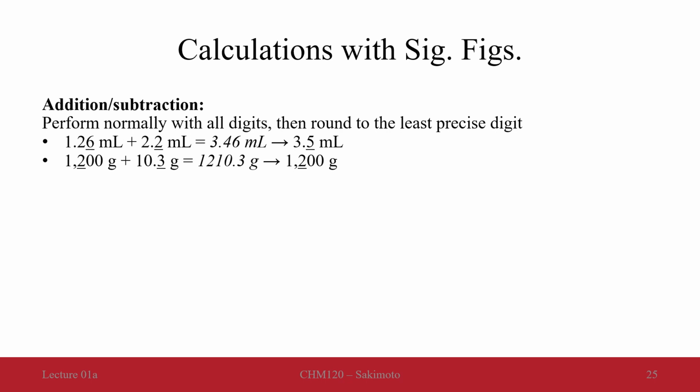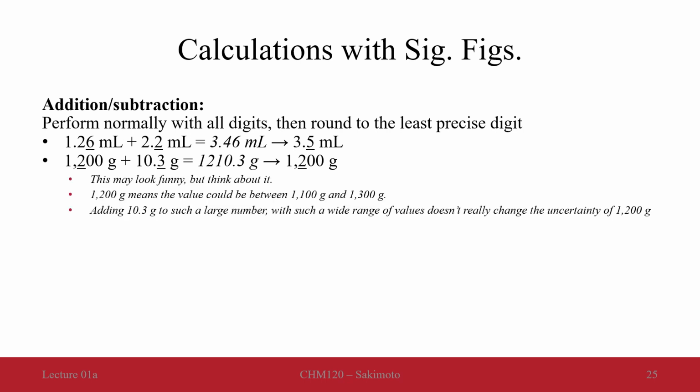which rounds back all the way to 1,200 grams. Now you may look at this and it may seem ridiculous that I added two numbers together, and I got the same number left over. I took 1,200 grams, added something to it, and I still got 1,200 grams. But if you think about it, if I measured 1,200 grams, that really means I'm confident that the mass of this thing is between 1,100 and 1,300 grams.